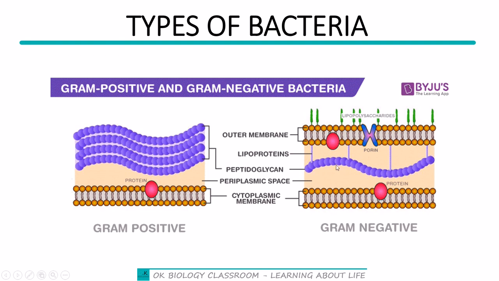And when you compare it to the gram-negative, the peptidoglycan here is thin, so that means it has a thin cell wall, and that is also in another way supported by the presence of an outer membrane. So there is an inner membrane to surround the cytoplasm, and there is an outer membrane outside of the peptidoglycan. So this is how we distinguish between them as gram-positive and gram-negative.